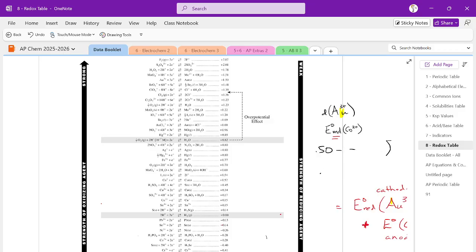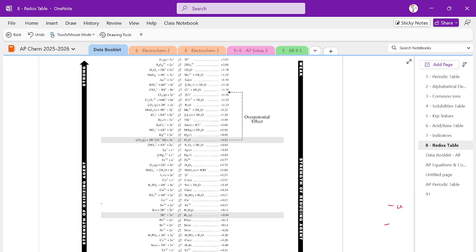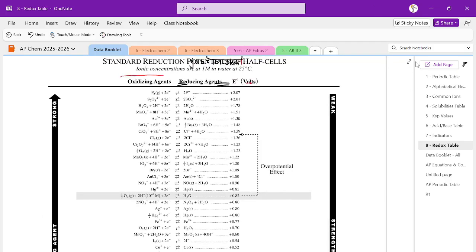I am not going to explain how the overpotential effect works because I do not know how and why it works. I think at one point I had some sort of vague idea, but even when I did, it was pretty vague, not like I really understand this. It was mainly like, maybe I kind of get it, but really no.